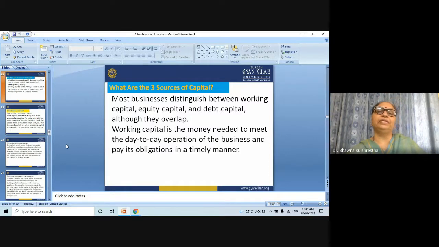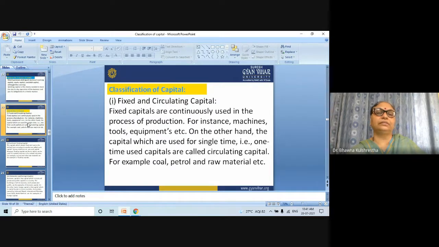Is money capital? The classification of capital is as follows. First of all, we classify capital into fixed and circulating capital.